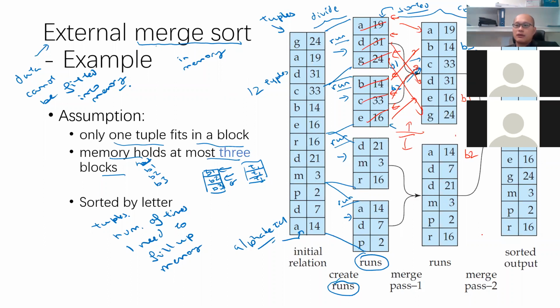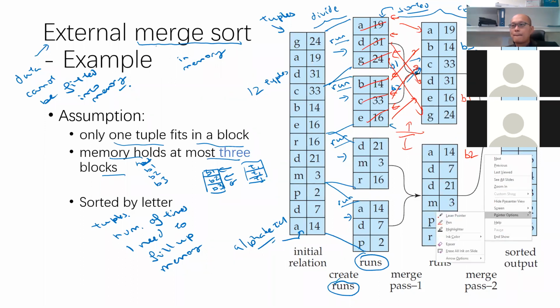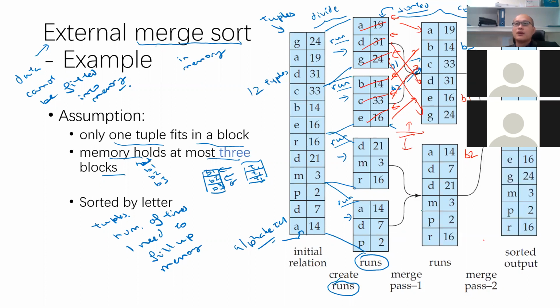Very quickly, the pointer comes here, the pointer comes here. Notice that A19 and A14 are the same. I don't know what order they want to resolve the conflict, but it seems they use the secondary attribute to resolve it, so this comes here.